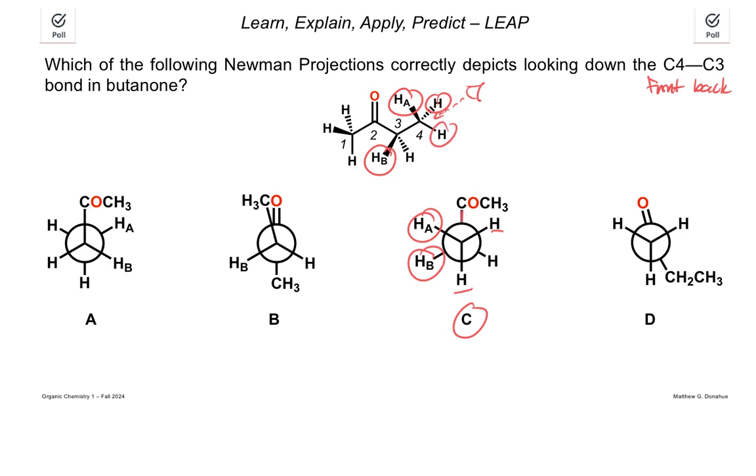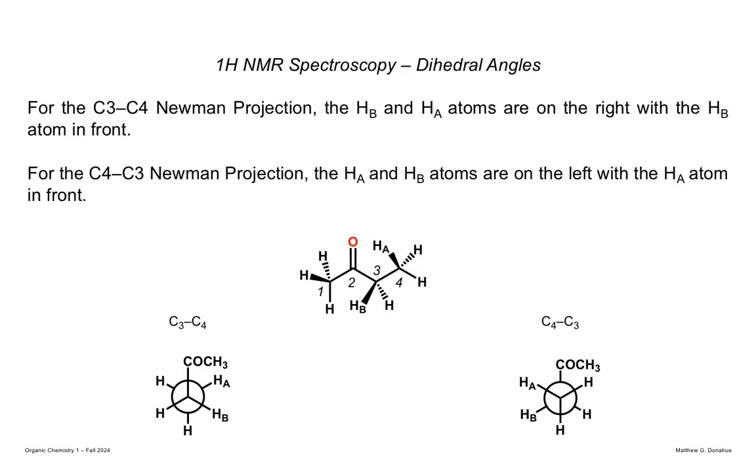Then the carbonyl on the back carbon is going up. And then this hydrogen, which is projected away, is going down and to the right. So as a review, in the C3 to C4 Newman projection, HB and HA are on the right. And then in the C4 to C3 Newman projection, HA and HB are on the left. So that's two different ways of looking at the same molecule with the perspective changing based on the Newman projection.